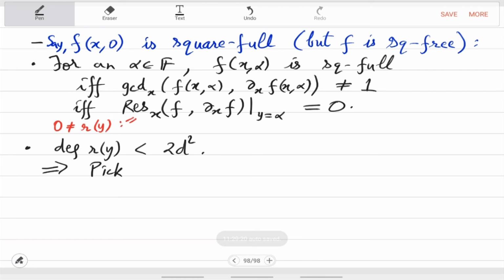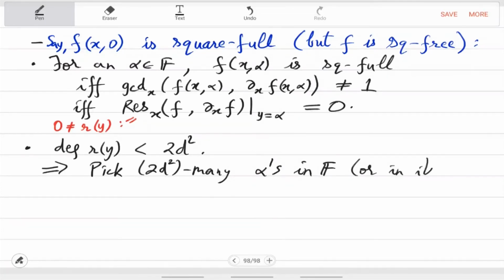So, basically pick first few alphas, in F or in its extension. Yeah, if you have to go to an extension, then that might become a randomized component in your algorithm. But if your field is big enough, then you will have 2d square many elements.